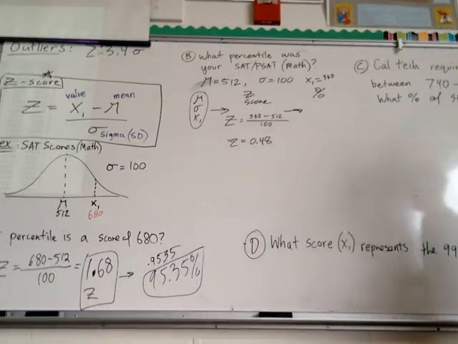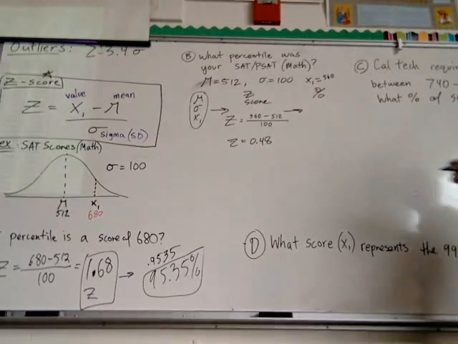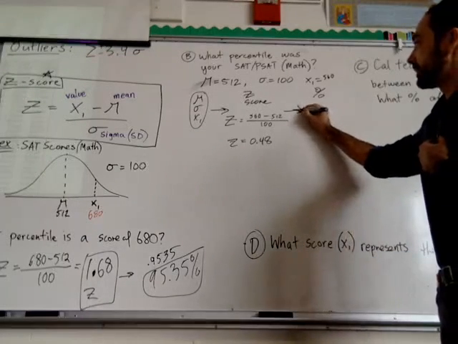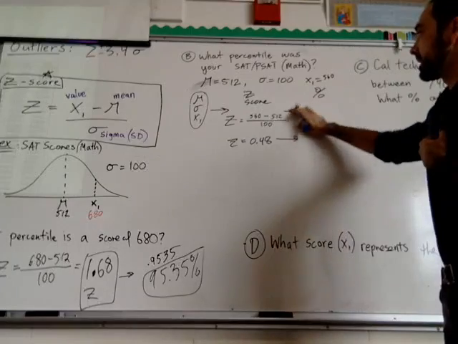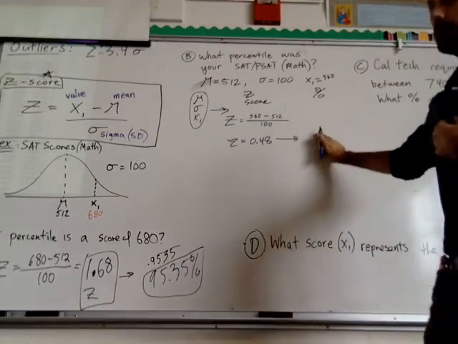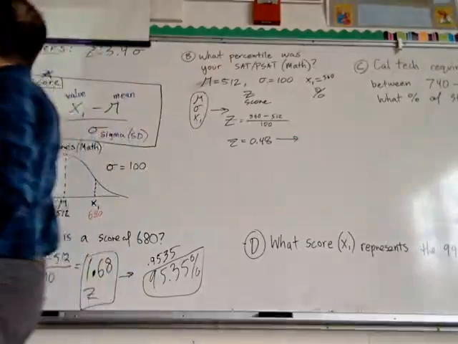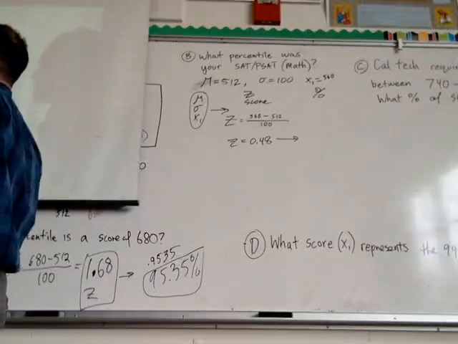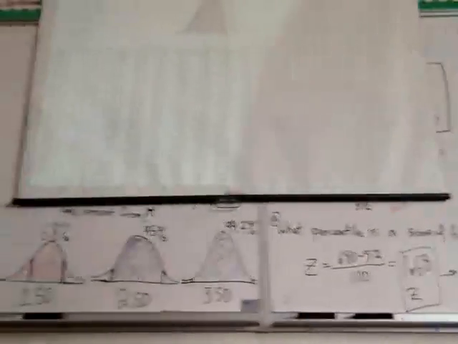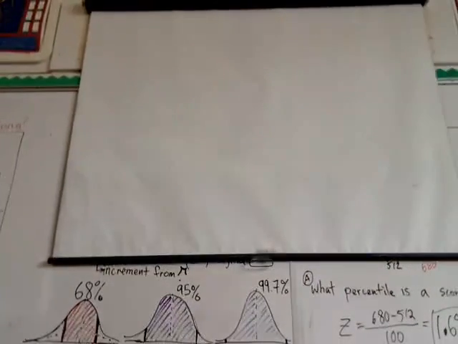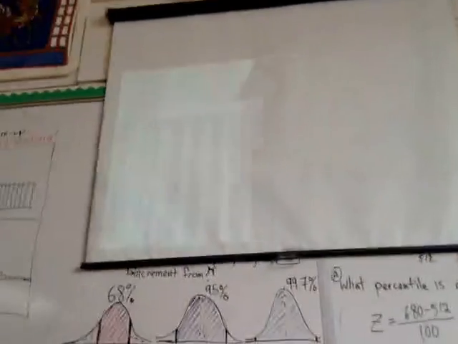0.48. And then we're going to go ahead and put that into a percentage. What is our percentage from that? Let's look at our table here, because some folks might need a little more work on that.